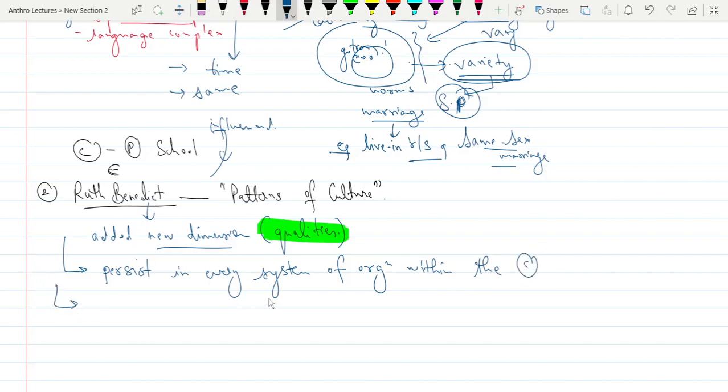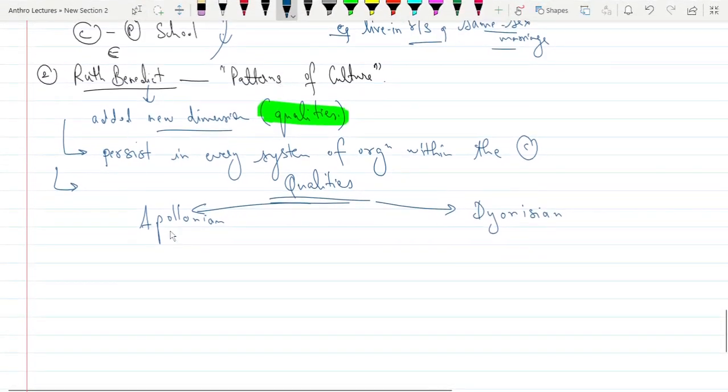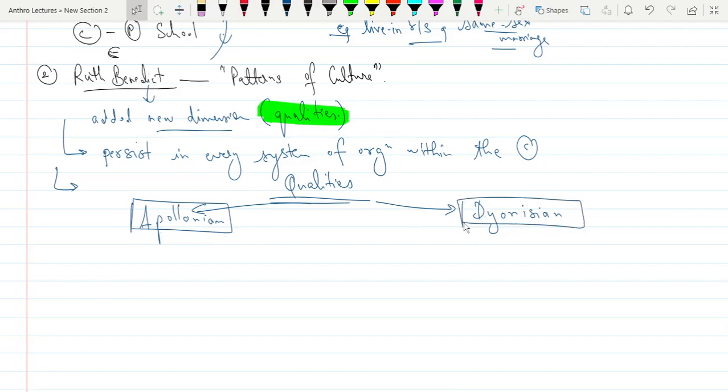So, for her, these qualities are of two types. One is Apollonian, and the other is Dionysian. We will be studying these two terms in detail under the School of Culture and Personality when we will be studying about Ruth Benedict.